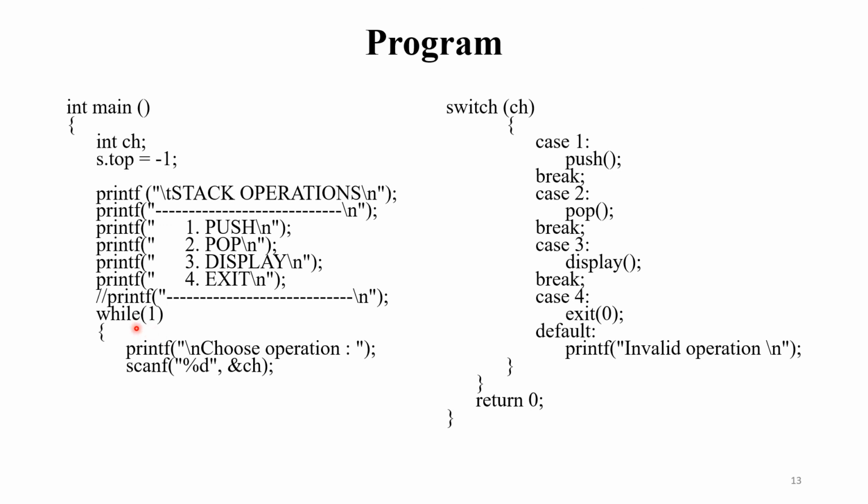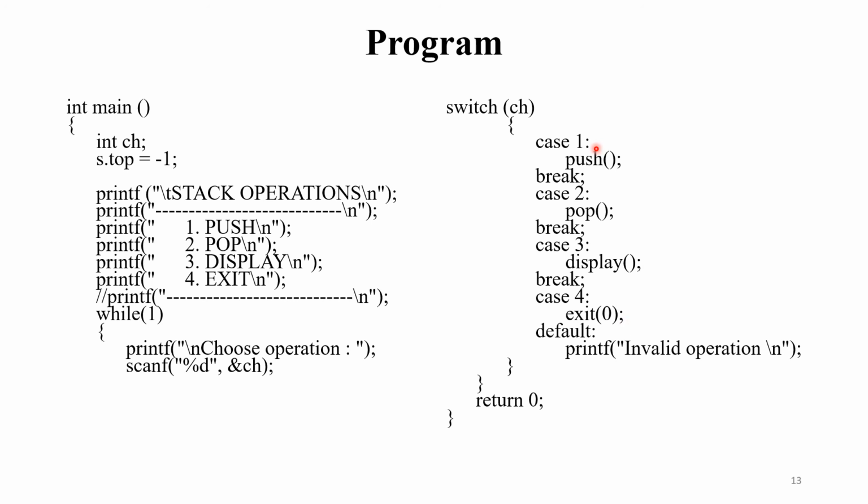So here while(1), printf choose operation, first is scanf("%d", &ch). So define the switch case: switch ch, case 1 push, break, case 2 pop, break, case 3 display, break, case 4 exit(0).